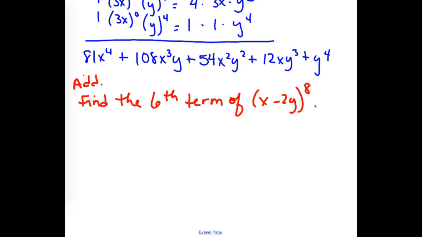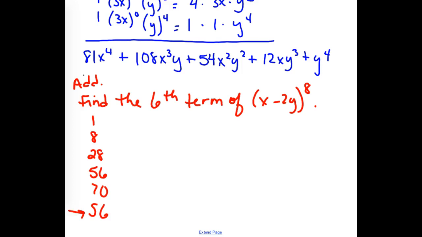So what row in Pascal's triangle would we need? It starts 1 and then 8? Okay, so 1, then 8. Okay, so first, second, third, fourth, fifth, sixth. We're looking for that one, right?